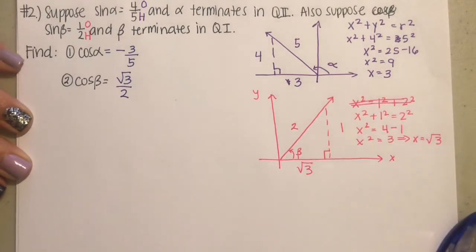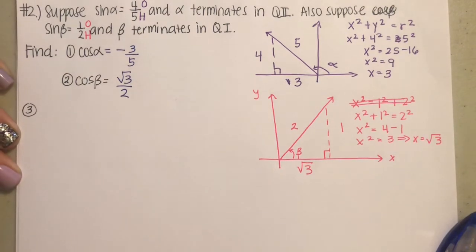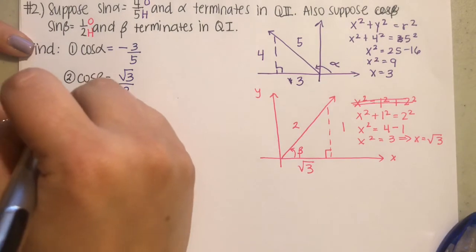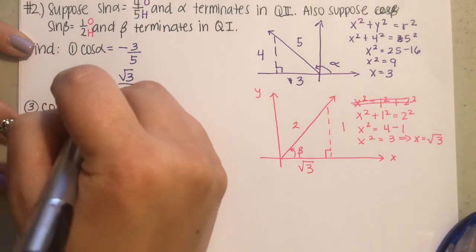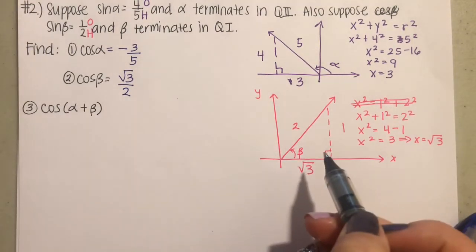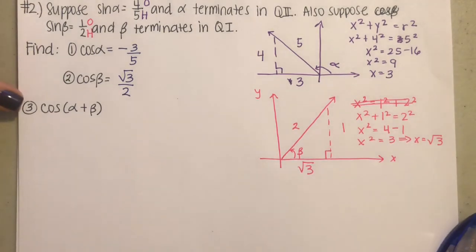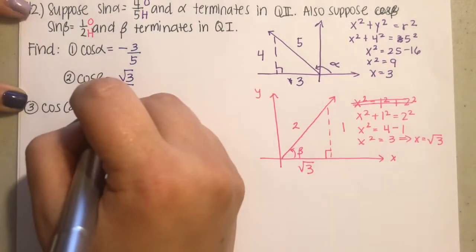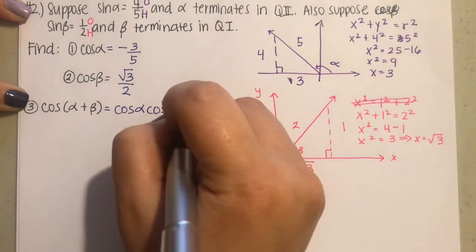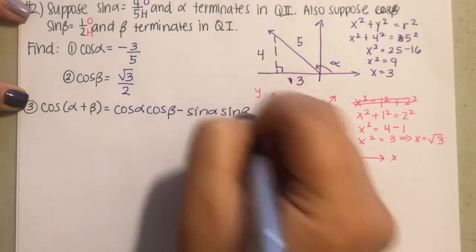Okay, so now we're going to use this primarily for questions 3 and 4. Question 3 asks us for cosine of alpha plus beta. We don't officially know either of these two angles. Could you find them? Sure. Do you need to? Not at all. So to find cosine of a sum, remember we've got cosine cosine minus sine sine.